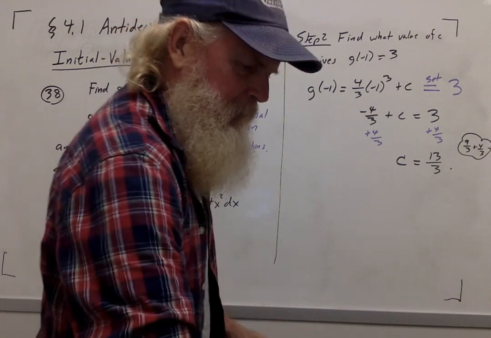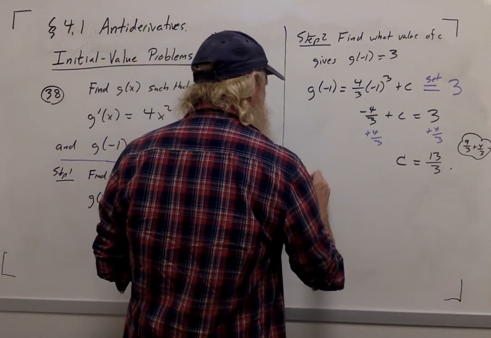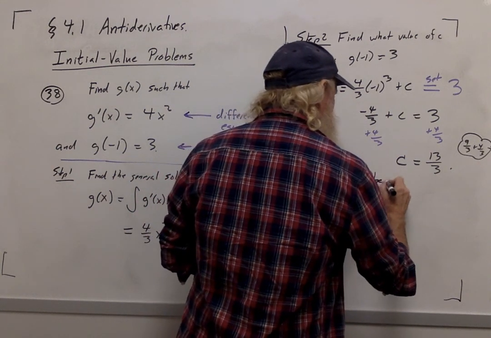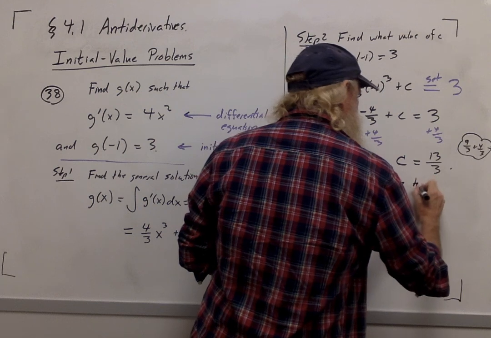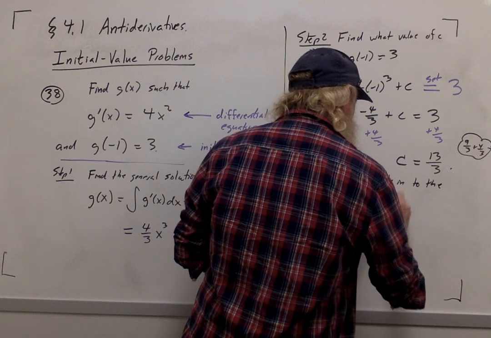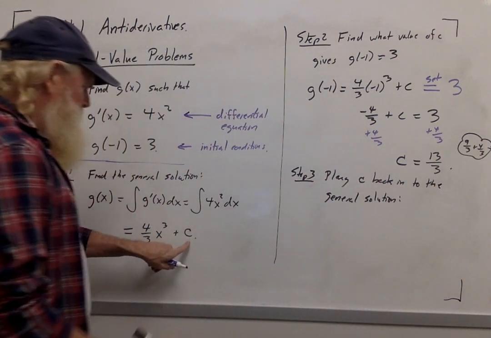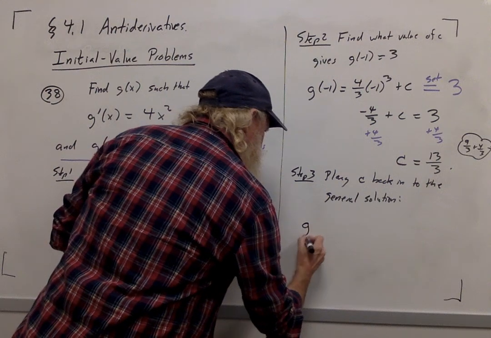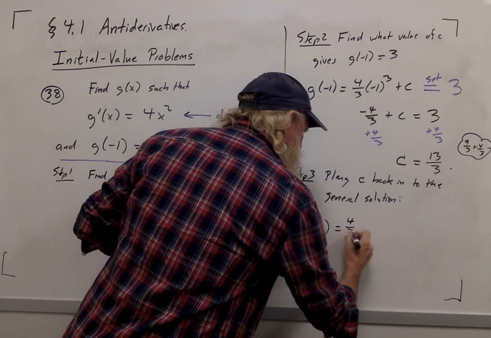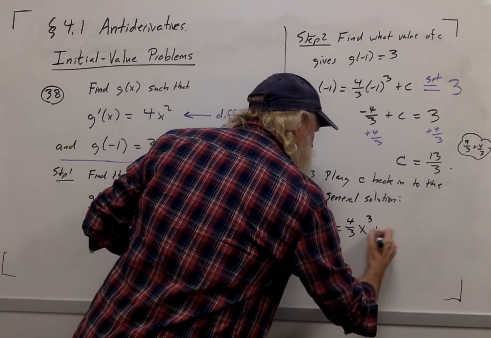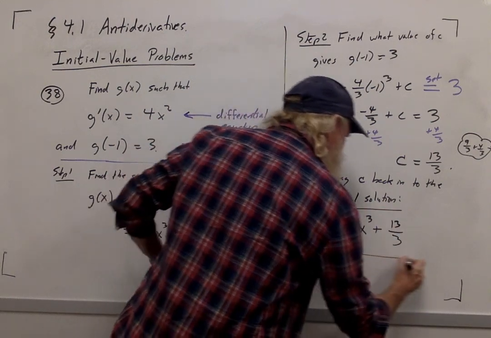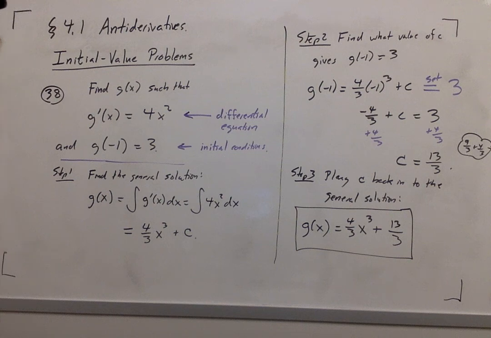And then finally, for step 3, we're going to plug c back into the general solution. So over here in the general solution, we have 4/3 x cubed plus c. But where I had a c, I replaced that with 13/3. And that's the solution to the initial value problem.